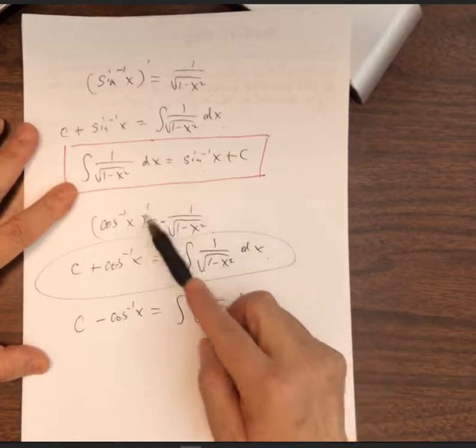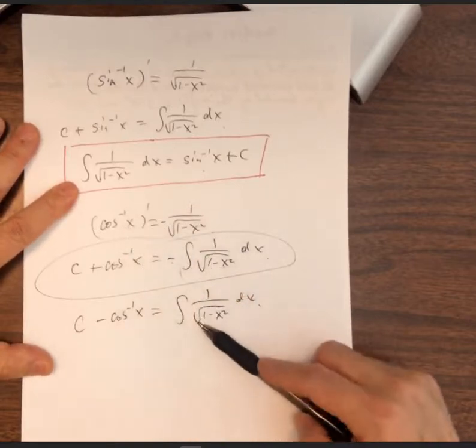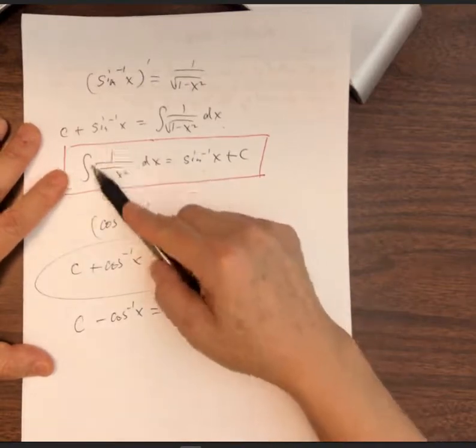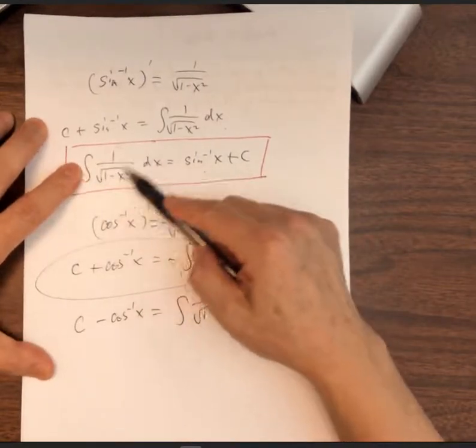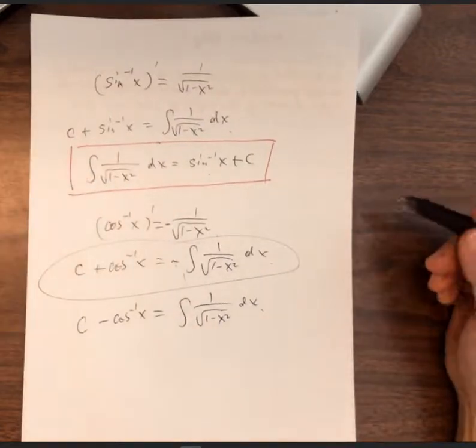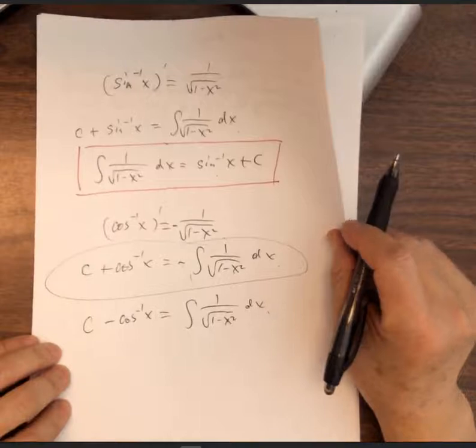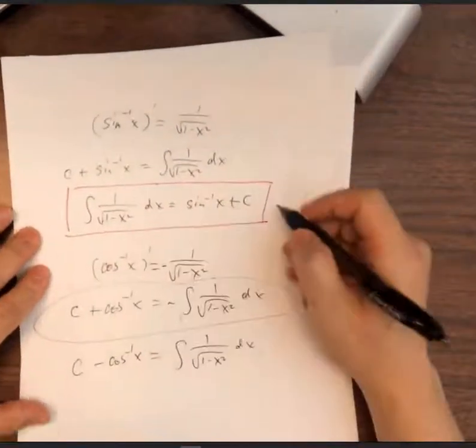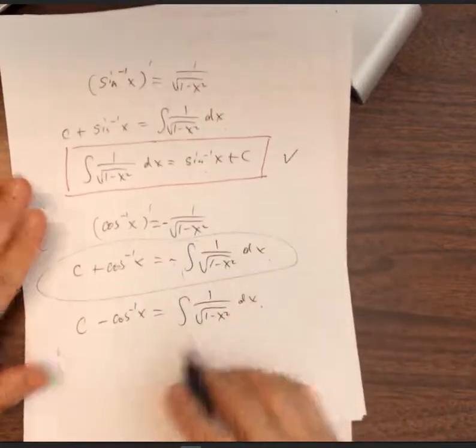From derivative inverse cosine, we end up with this, which is not necessary because we already have a formula for this kind of function to integrate, so it's not needed. For this reason, we're going to just keep this.